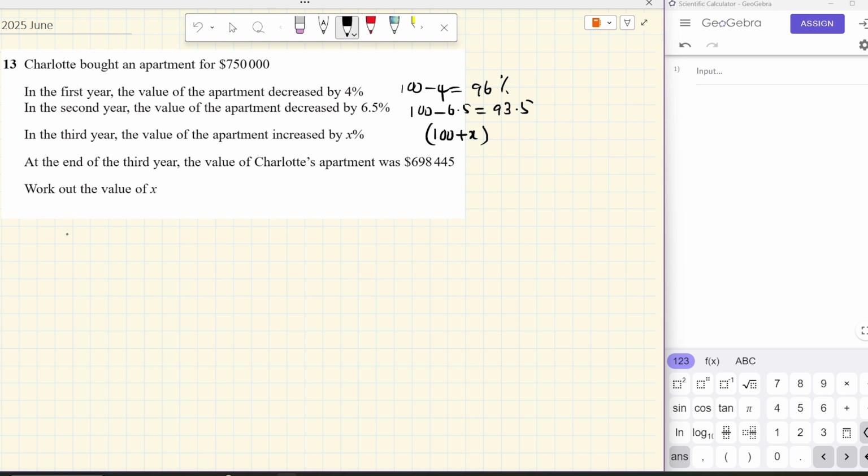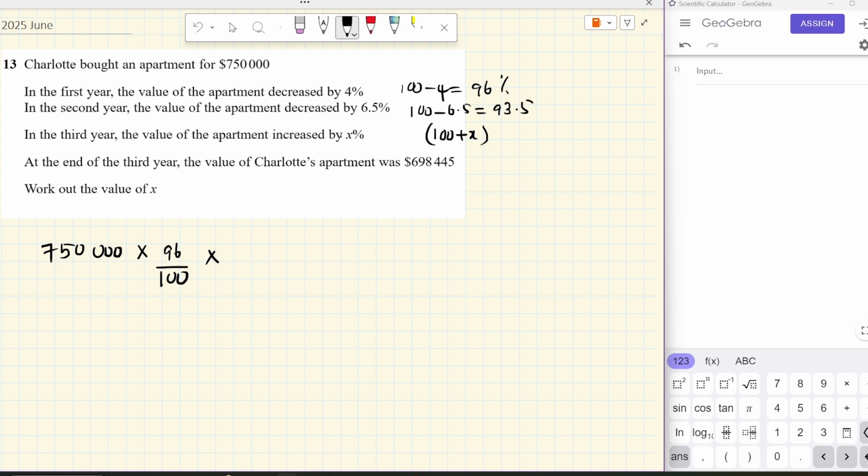So Charlotte bought an apartment for $750,000 into first year decrease. So what is the new percentage? Decreased percentage, that is 96%. How do you write percentage as a fraction? 96 over 100. This is first year. In the second year, again decreased by 6.5.